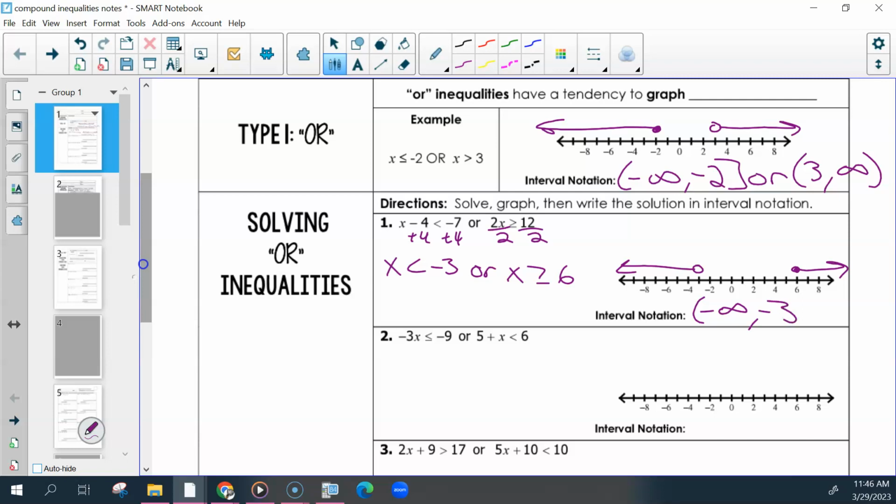Parenthesis or bracket? Parenthesis. Write the word or. Go over to the next one. Start at 6. Parenthesis or bracket? Bracket. And then where would it end? Infinity with a parenthesis. Kind of hard to see, but that is what it says at the end.